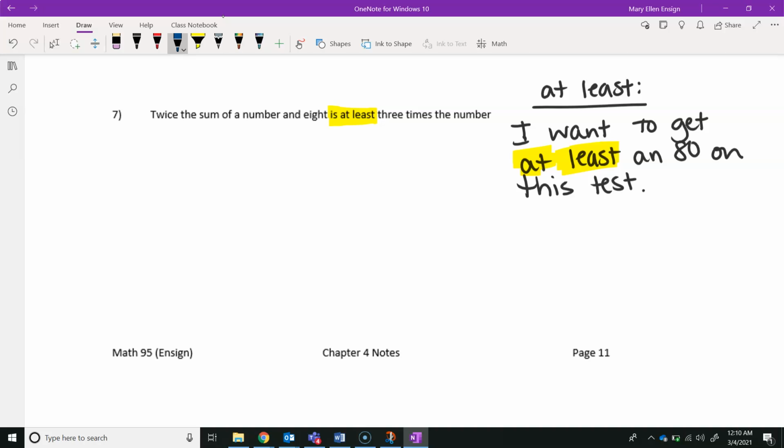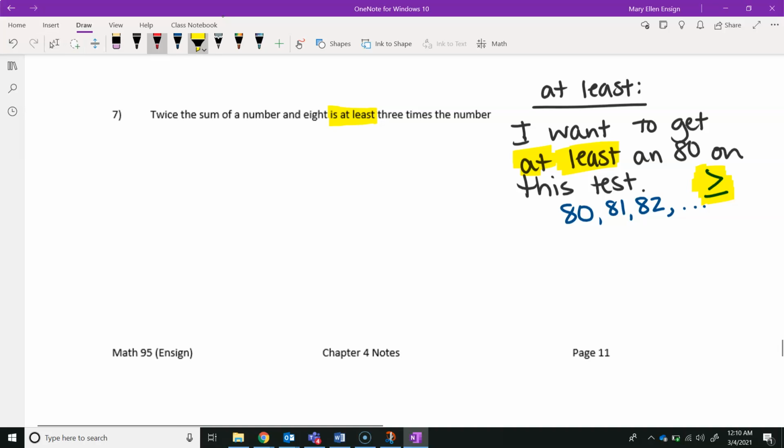Well, you'll be happy with an 80, you'll be happy with an 81, you'll be happy with an 82, etc. Right? So at least means that number or bigger. So greater than or equal to. Think about times you use this in your own life, right? I want you to give me at least 3 cookies. Well, I'll be happy with 3, but I also will be happy with 4 or 5 or 12 or 27.